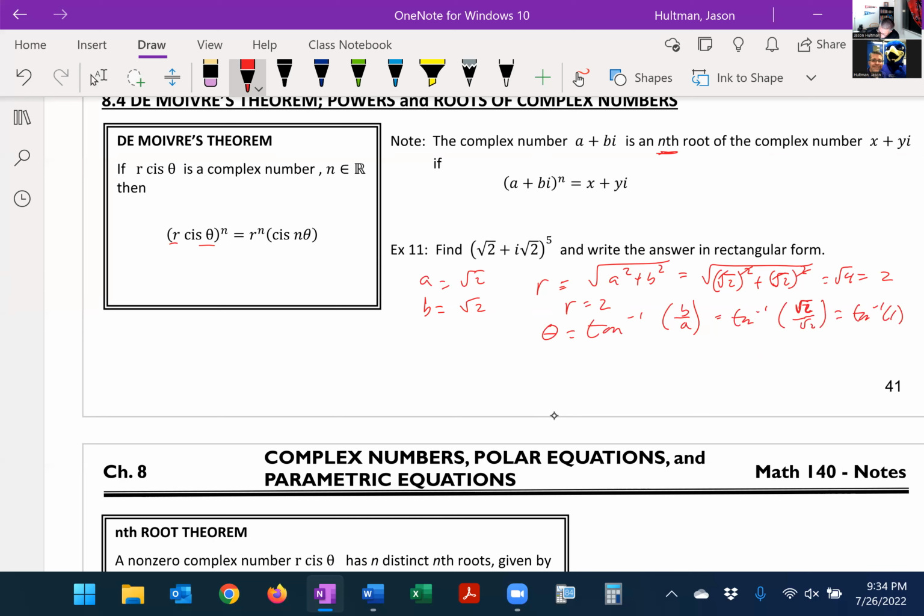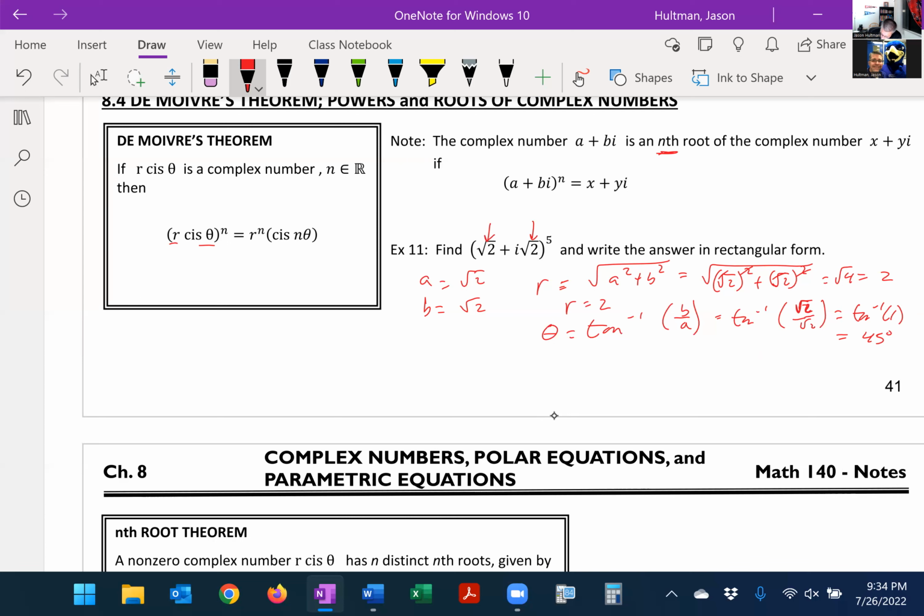And this is going to be equal to 45 degrees in the first quadrant. Are we in the first quadrant? Yes, we are, because both the x and the y, or the a and the b, are positive values. So we are in the first quadrant. So our theta is 45 degrees.